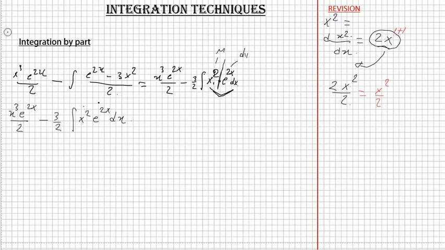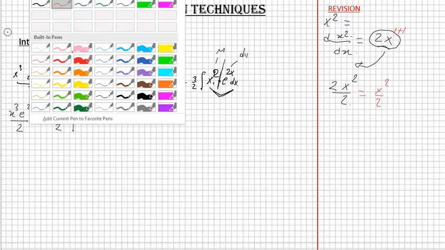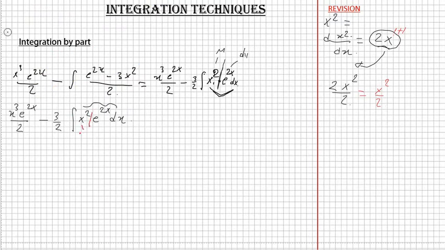I only look at the part on the right hand side. I'm going to call that u. So this is the function u, and this is the derivative of the function v. You know that the integral of u multiplied by dv gives uv minus the integral of v multiplied by the derivative of u.